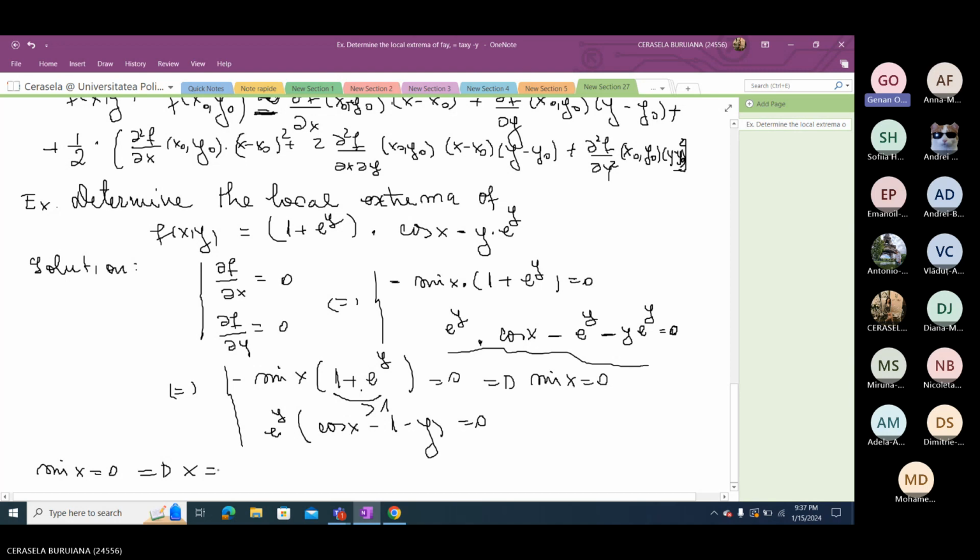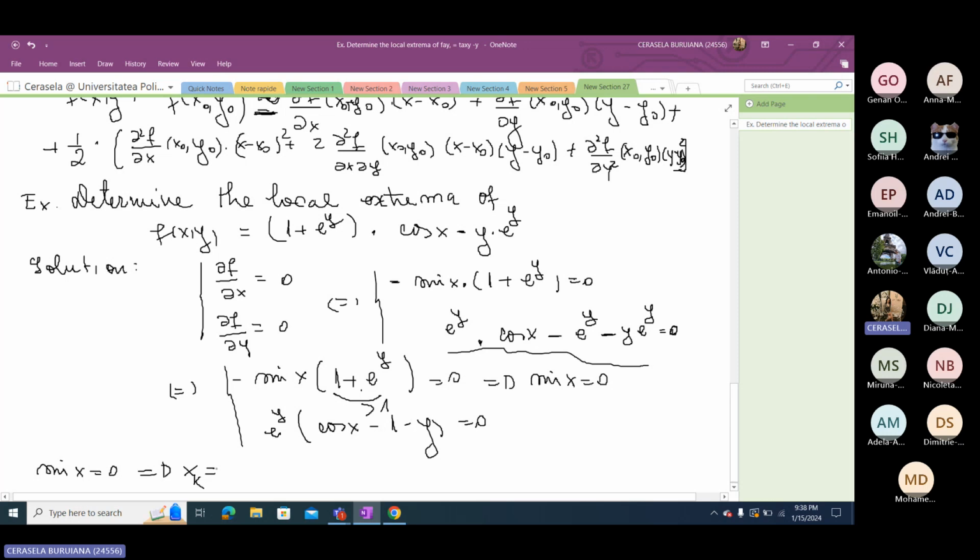If I remember, it's 0 and pi over 2. Pi over 2 is not a solution, because sinus of pi over 2 is not 0. Actually, it's an infinity of solutions. That's the odd part of this exercise. It has an infinity of stationary points.